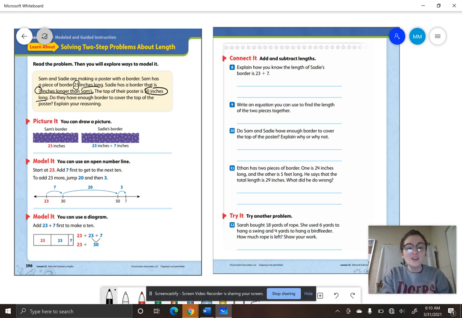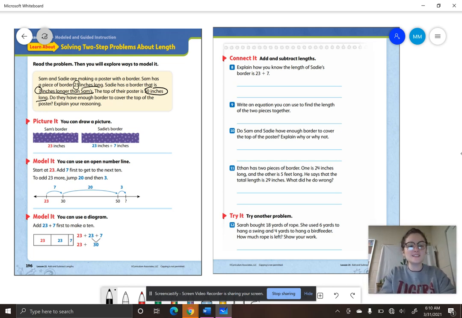It says you can also use an open number line. So we can start at 23, add 7 first to get to the next 10. Then to add 23 more, jump 20 plus 3. So we know that we are going to add 23 plus 23 plus 7, because we need to find out how long their border is all together.